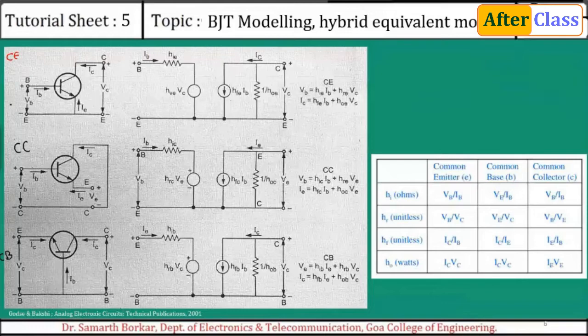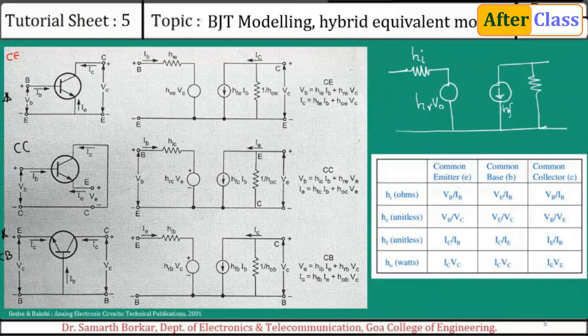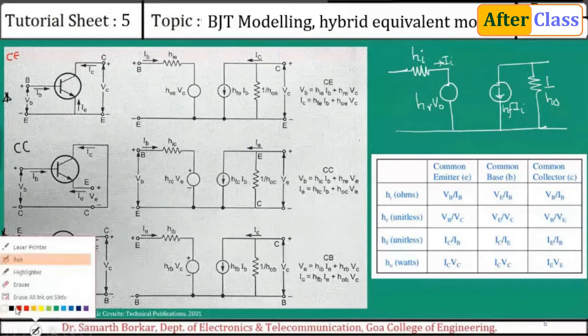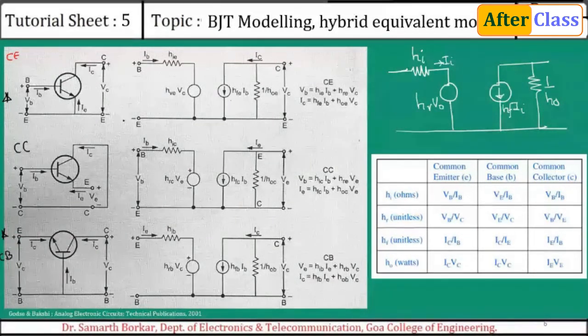From the point of view, these two are important: common emitter and common base. Now see here, when we draw the equivalent circuit, the input current is Ii. It is a product here, and this is R naught, which is given as 1 by H naught. Okay. Now for the first case, let's try to understand. This is the equivalent model of the transistor.